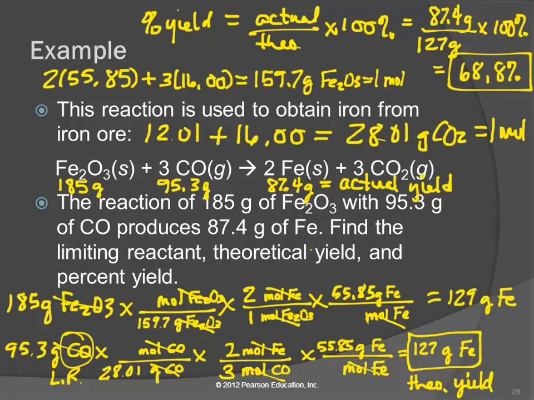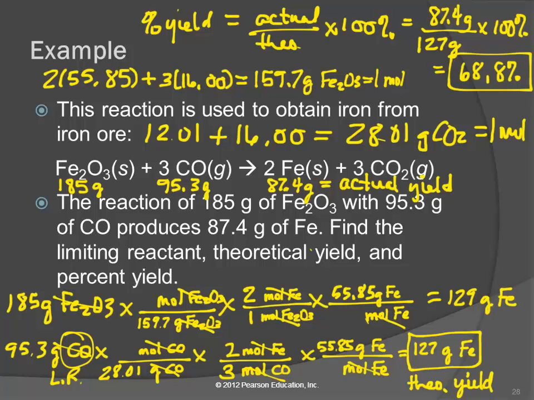Any questions? Yes? The CO is the limiting reactant because that gave the least product, which tells us, as we're reacting the Fe2O3 and the CO and making more product, we only have enough CO, carbon monoxide, to make 127 grams. And when we run out of a reactant, it stops.